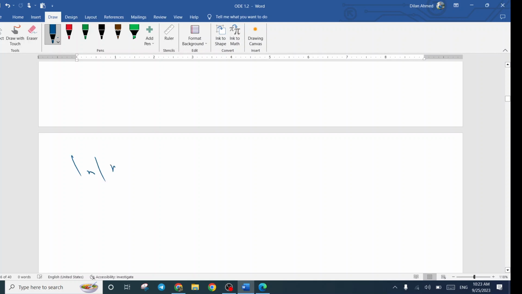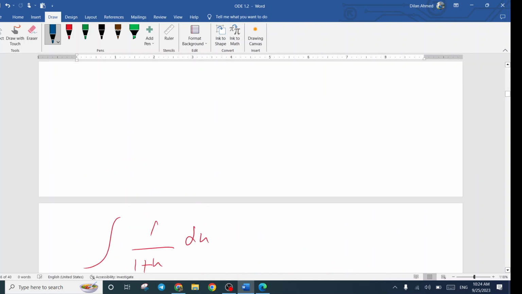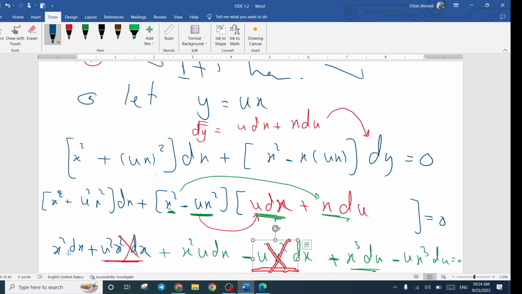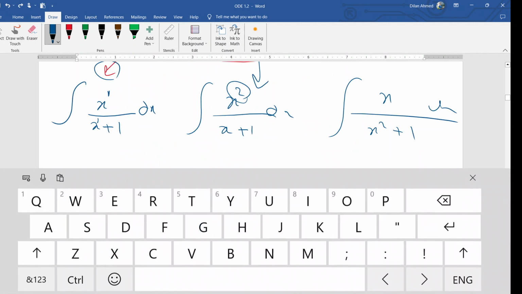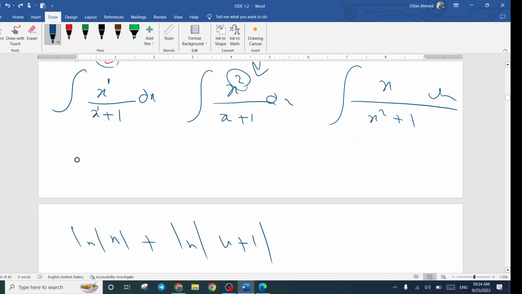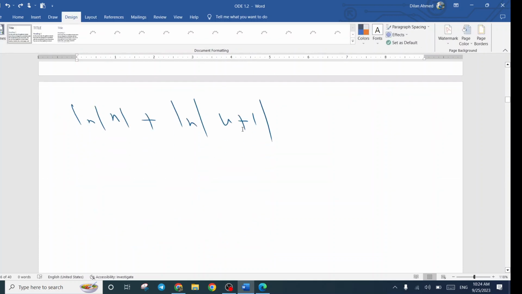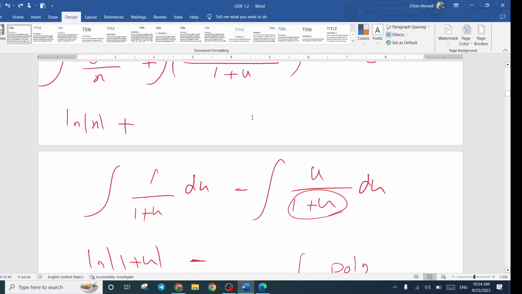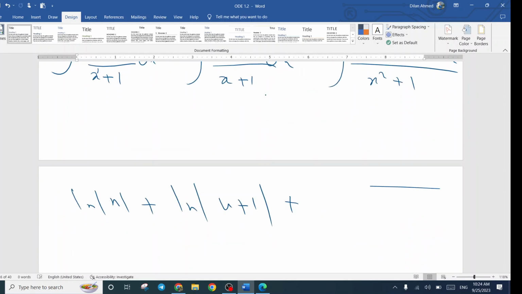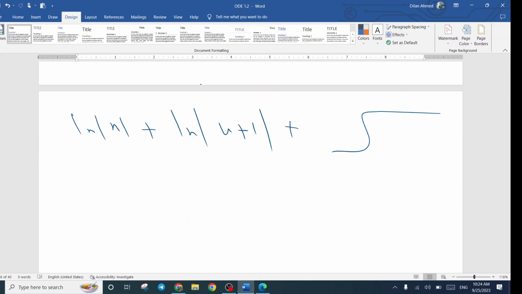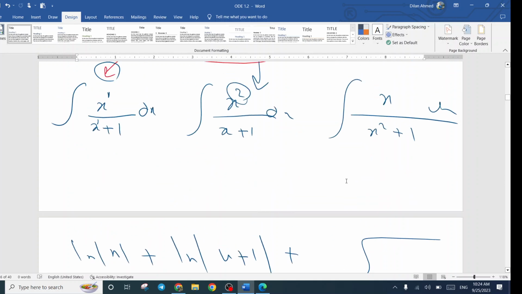So ln of x, ln of u plus 1. Then I do long division. Understood? u over u plus 1 equals u plus 1 minus 1.